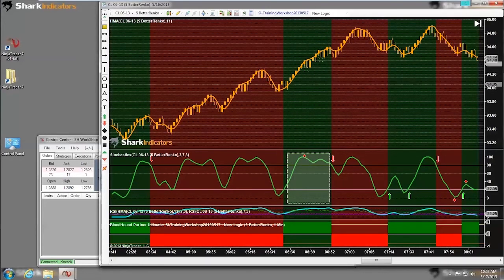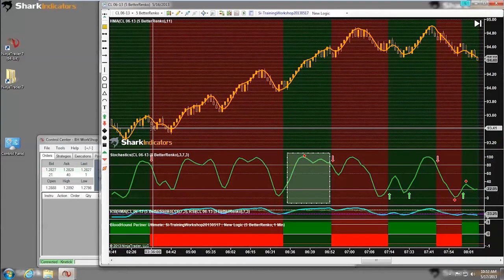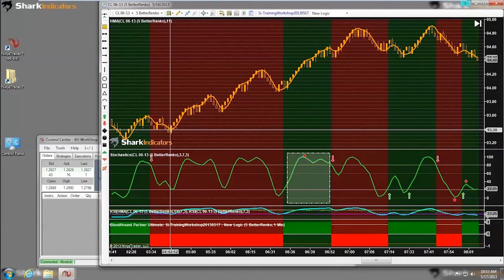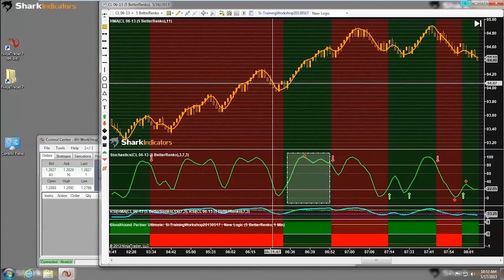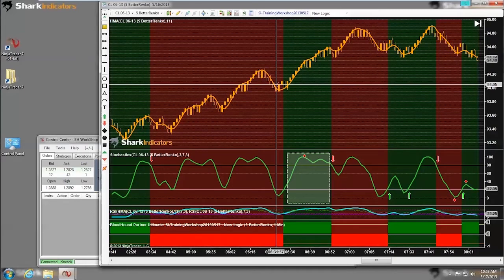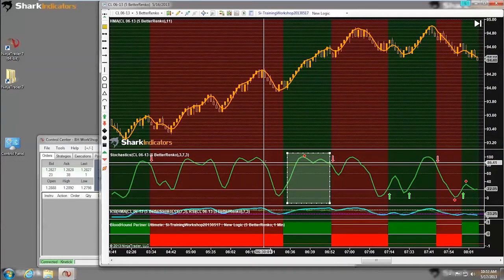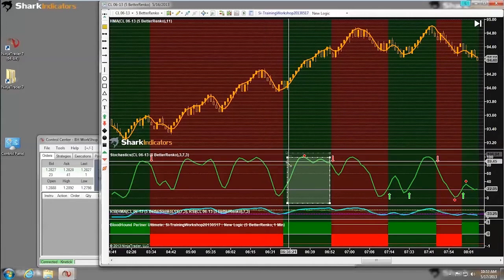Although I must say that it's not a bad trade there, but of course, you know, we want to catch as much of the trend as possible, and so this uptrend here was marked as a short bias, so we kind of missed that. I've shown this before in a previous workshop.